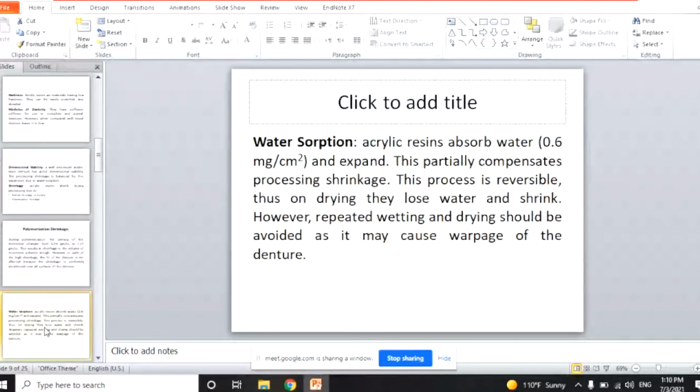About the water sorption, acrylic resin usually absorbs water and expands. When the source of water is removed, it can cause shrinkage, but the process is all reversible.